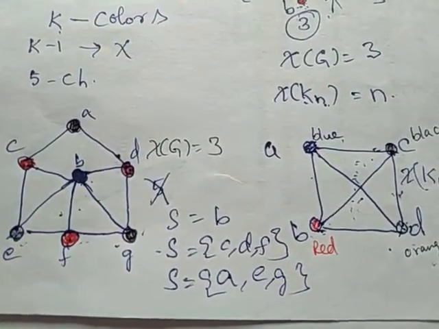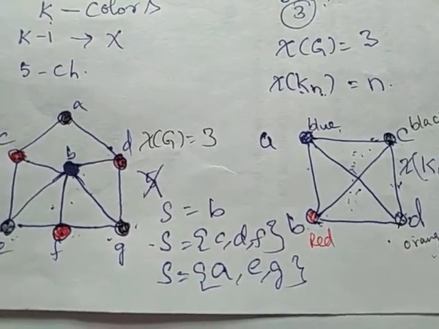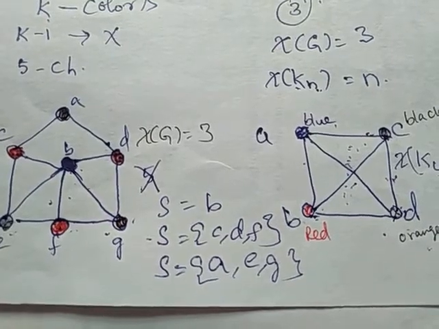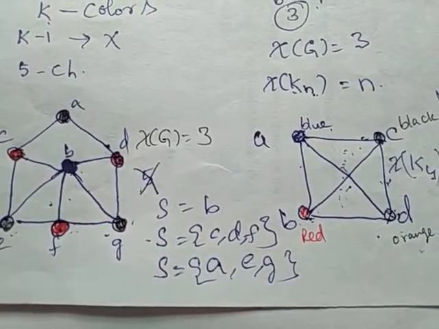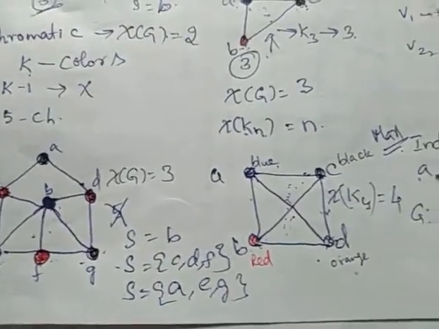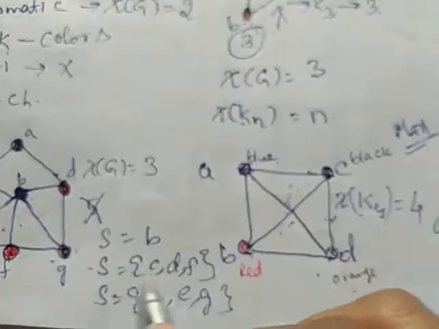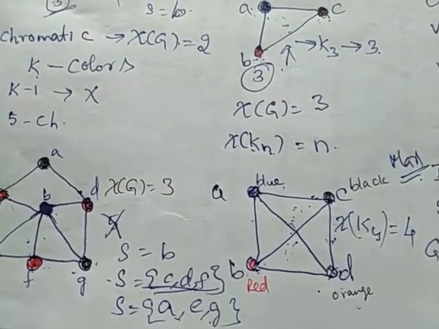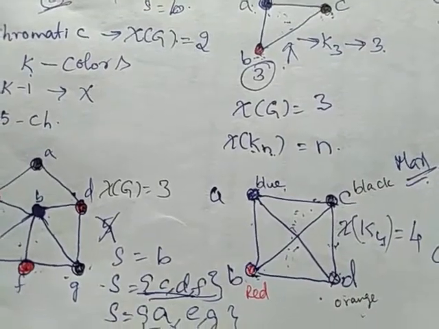So if G is a k-chromatic graph, it is possible to divide the vertex set into k independent sets. The subsets of vertices assigned the same color form a color class, and every such class forms an independent set.